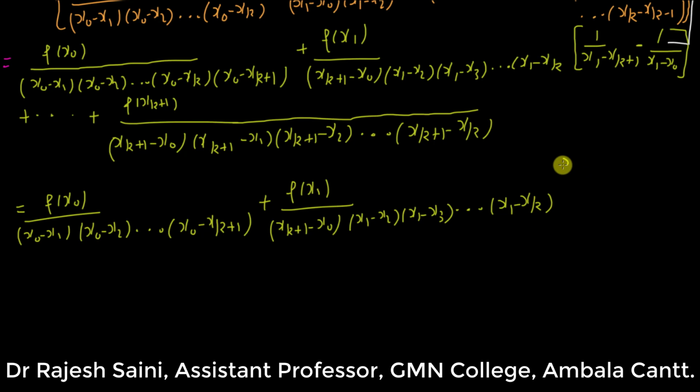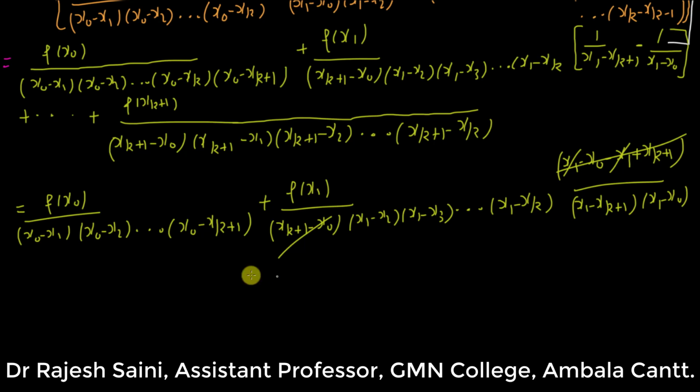Take the LCM: x1 minus x naught minus x1 plus xk plus 1, divided by x1 minus xk plus 1 times x1 minus x naught. This x1 to x1, xk plus 1 minus x naught will also cancel out.